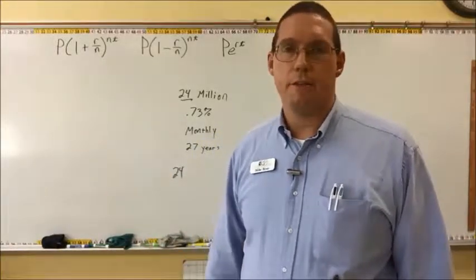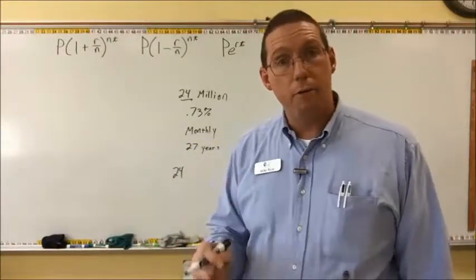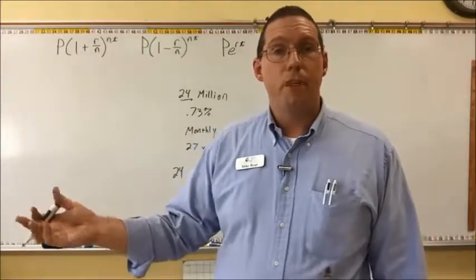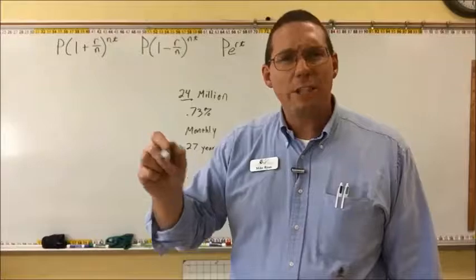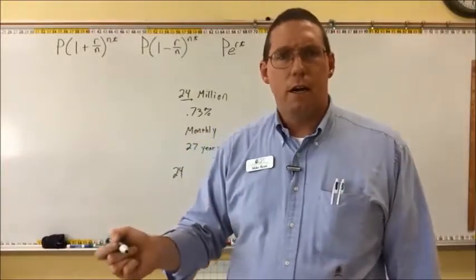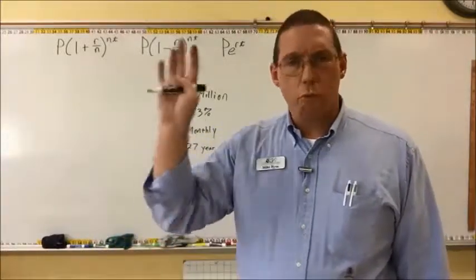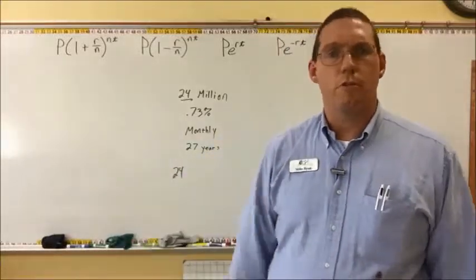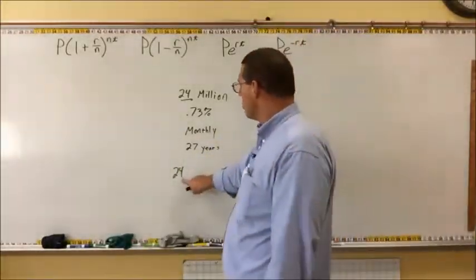It's going to be a lot easier for you. And you've got to learn how to do that, because in a lot of things in this world, especially in the economy, when you're dealing with large numbers, you don't actually write out all of the numbers. You just throw on a million or a billion or a trillion. You just throw the units right on there. So we're just going to work with 24.